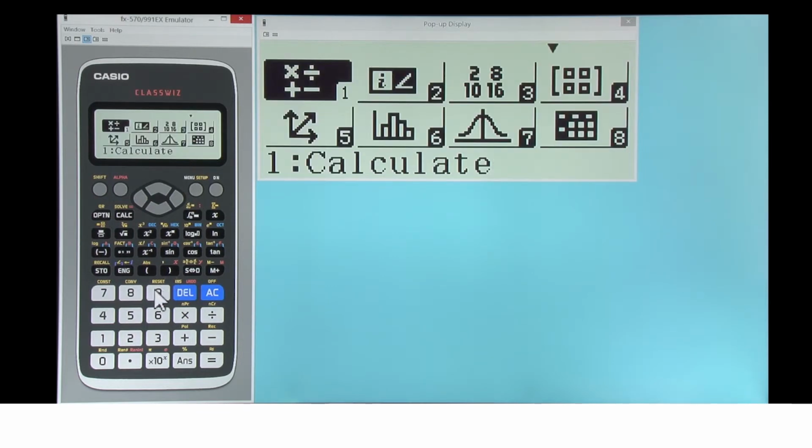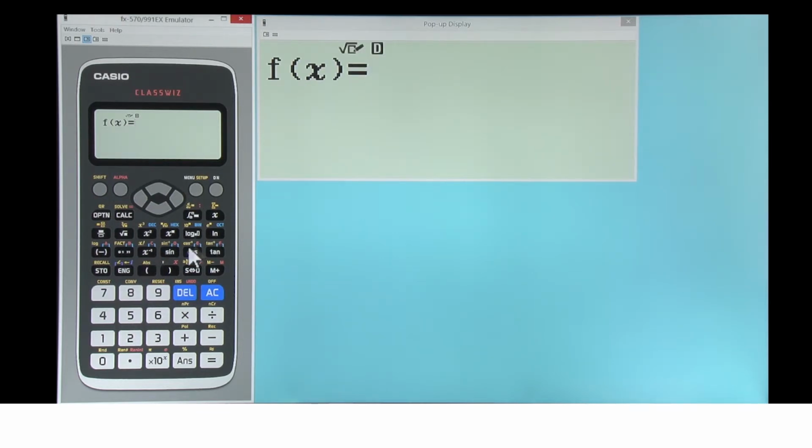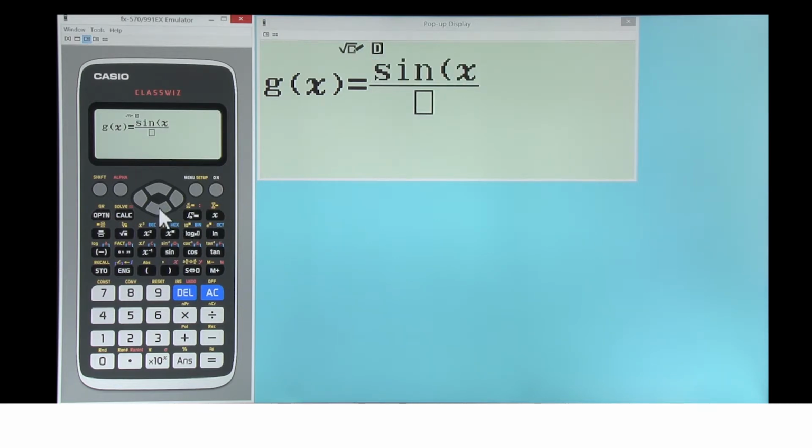So I'll go back to menu and number 9. We'll put our values of the sine function in and the values of this ratio, the ratio of the sine of x divided by the cosine of x. And I notice I've left a little thing missing up there. Okay.